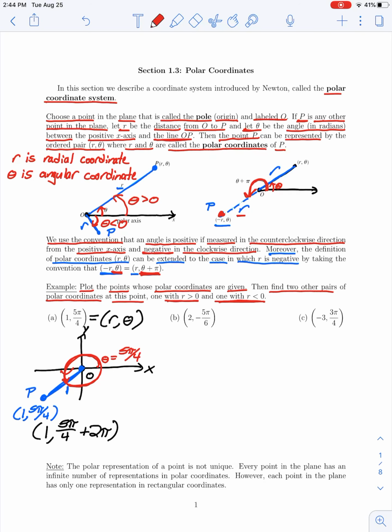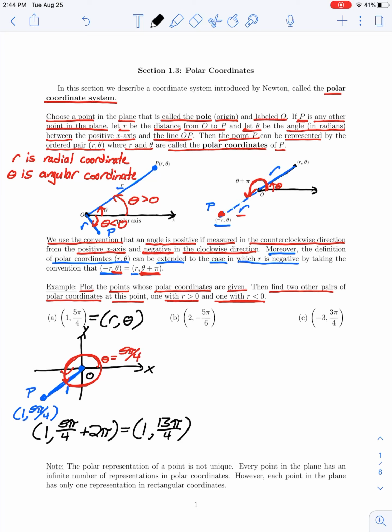So I would be defining the same point, but by using a different angular coordinate. So this would be 1, and 5 pi over 4 plus 2 pi would be 13 pi over 4. That would be another representation of this same point.